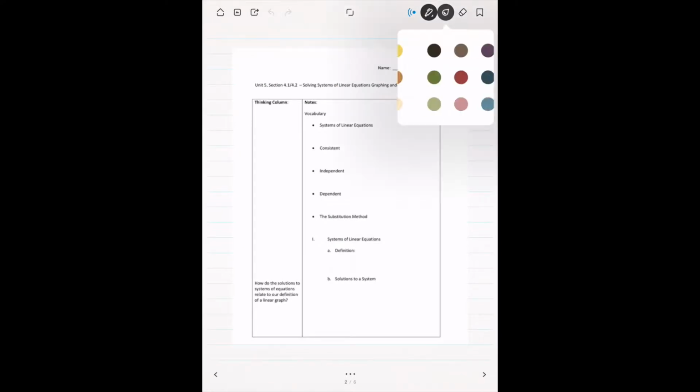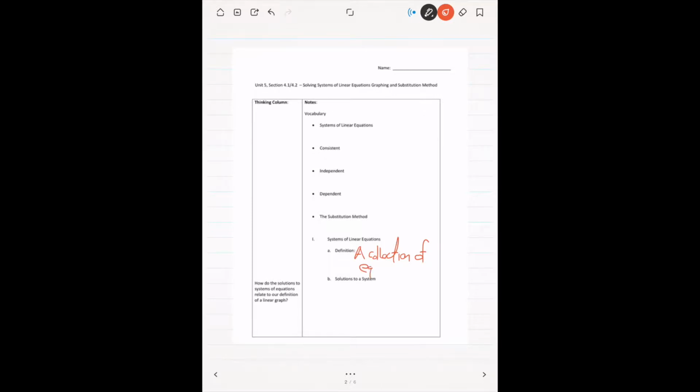Now, beginning with this text, we're going to talk about just what is a system of equations. So for us, a system of equations is going to be a collection of equations in the same variables.